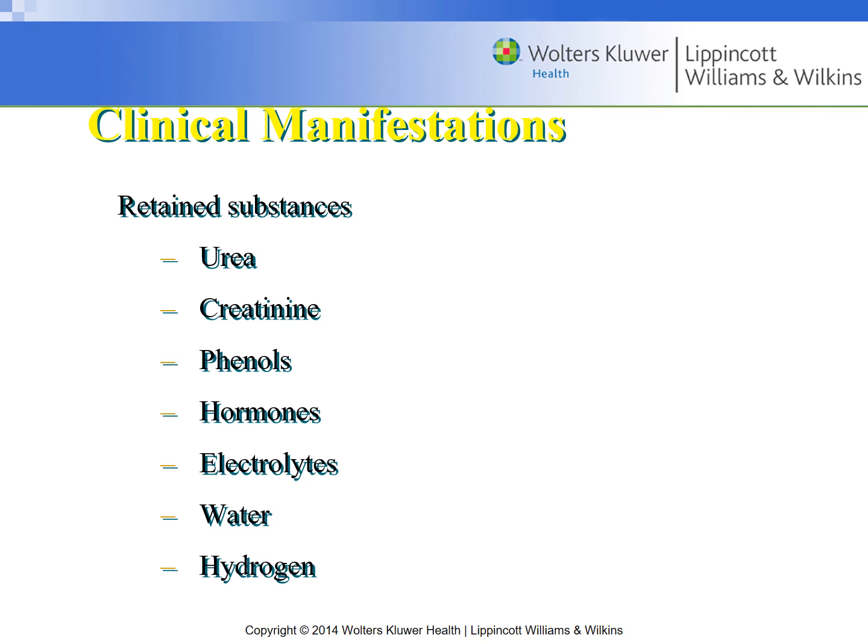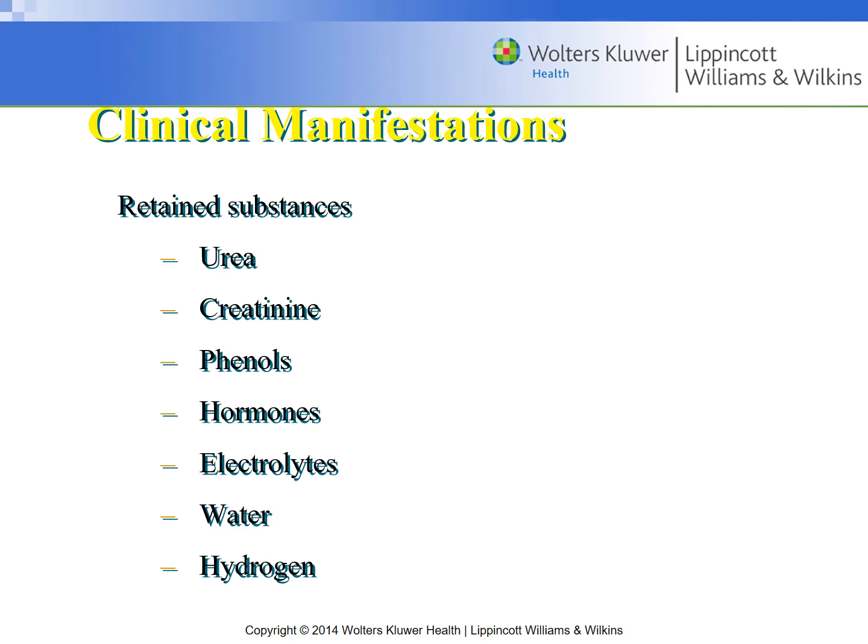Retained substances, for sure, we're going to see urea, and these are things that we don't want to retain. These are things that we normally should be getting rid of, right? Urea, creatinine, phenols, those are extremely poisonous substances. It can be things from antimicrobials, anesthesia, stuff like that. Hormones, electrolytes, water, hydrogen.